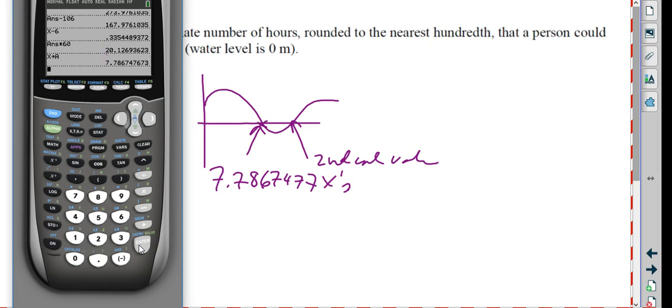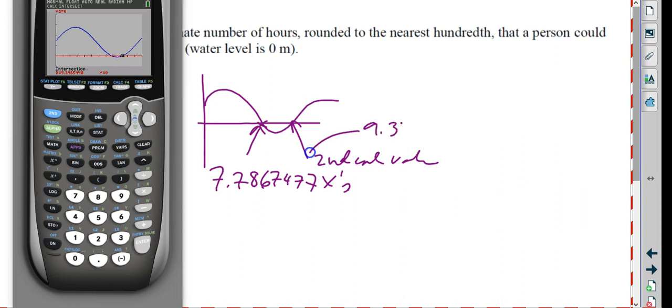Then I'm going to get the second x value. I'll go back to graph, second calc, intersect again. This time move to the other spot. It's 9.3465448. That's in x.